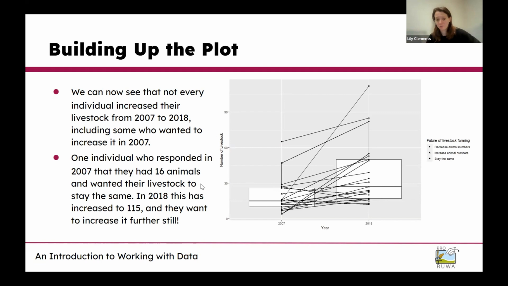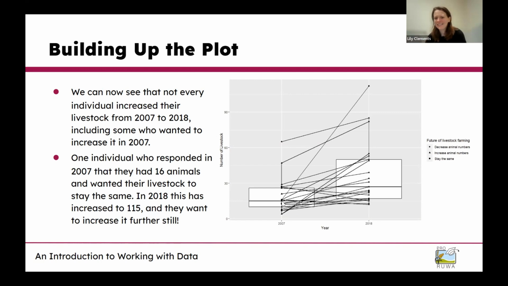One individual who responded in 2007 said that they had 16 animals. That's this one here. In 2007, they said they had 16 animals and they want their livestock to stay the same. So they've got a square here and it's at 16 animals.